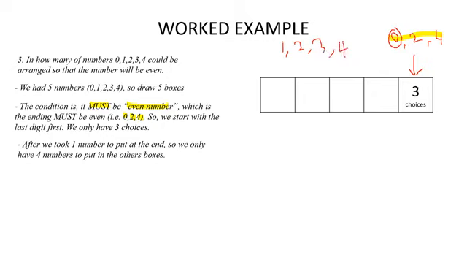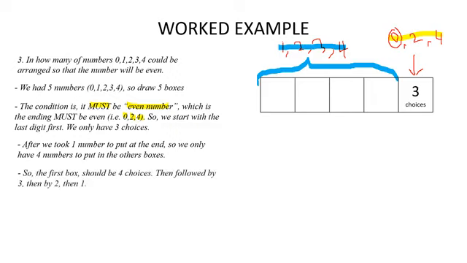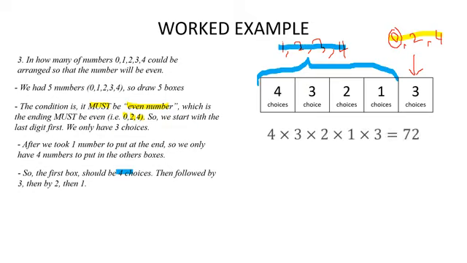Four more numbers that we want to put in the rest of the boxes. So for the first box we have 4 choices, then followed by 3 choices, 2 choices, and 1 choice as we did before. To calculate, we can use factorial, which is 4 times 3 times 2 times 1, which is 4 factorial, and then times 3, which is 72.